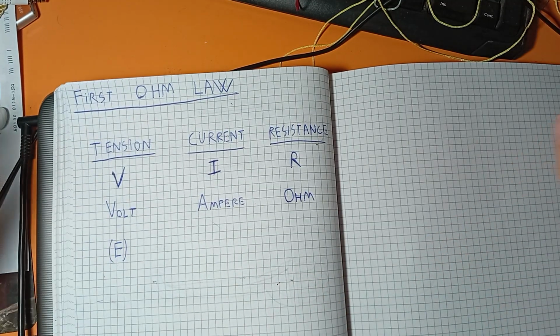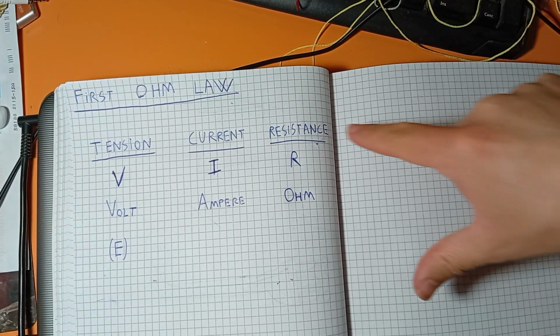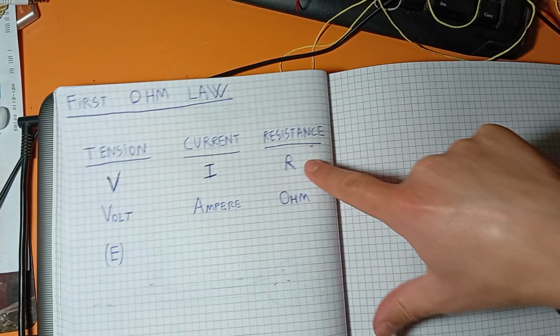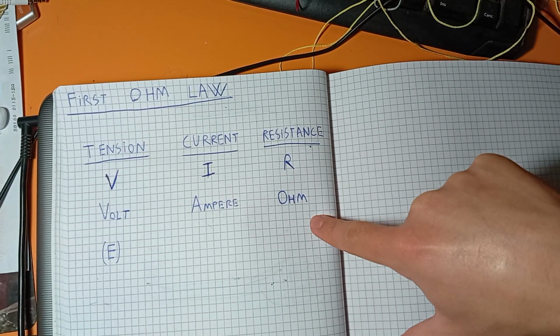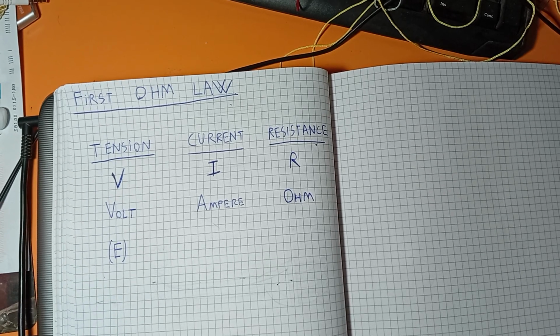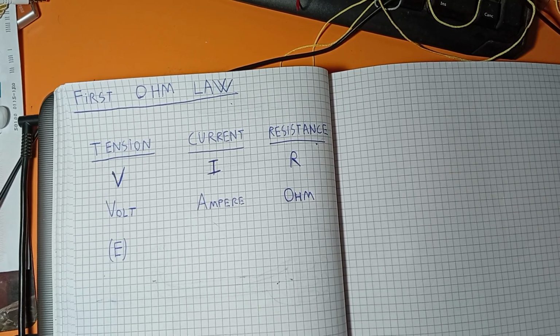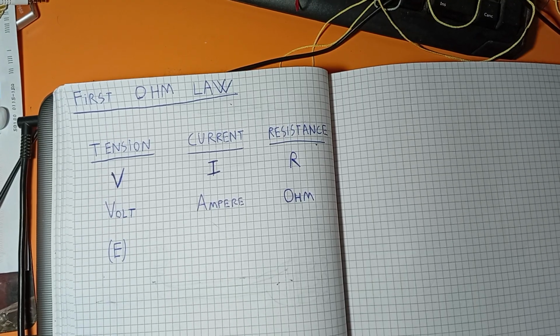Yes, you understood what I mean. The resistance is written with a capital R, and it is measured in ohm. So if someone asks you how much is this resistance, well, it is 100 ohm, 200 ohm, 300 ohm.